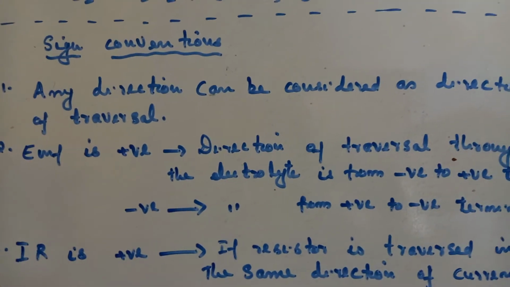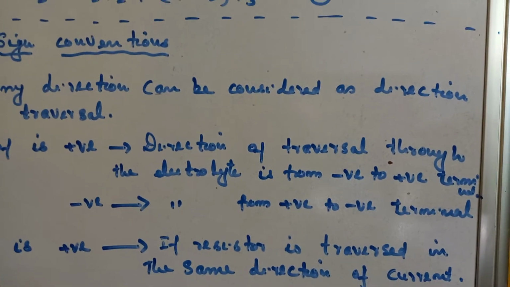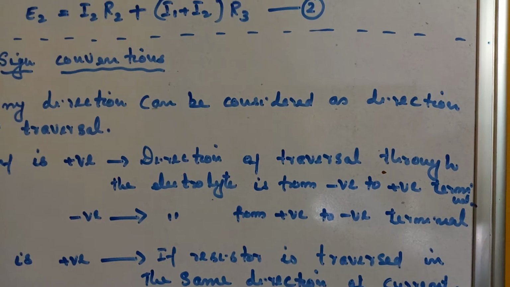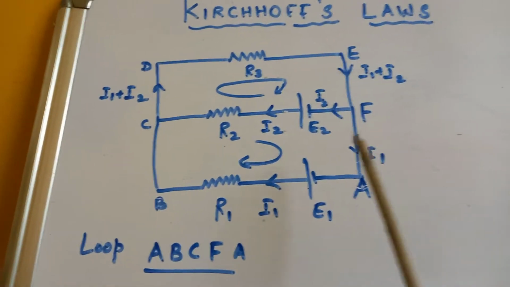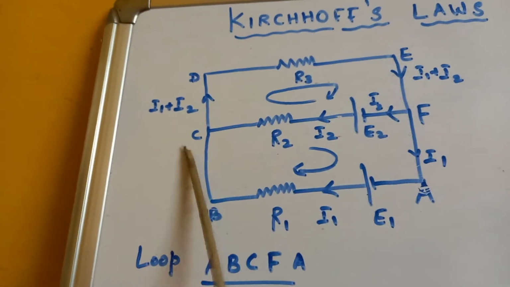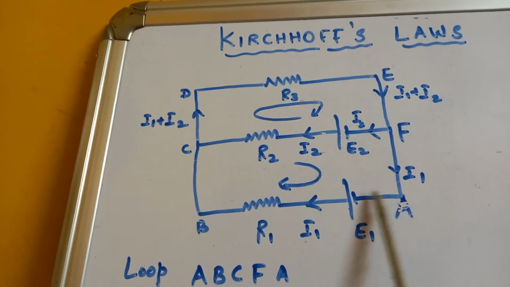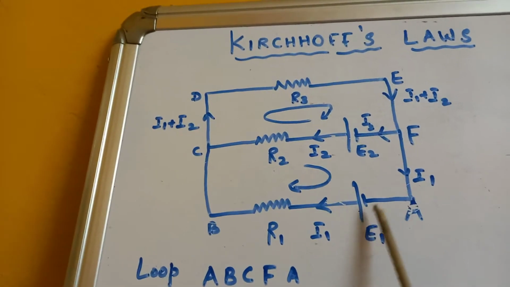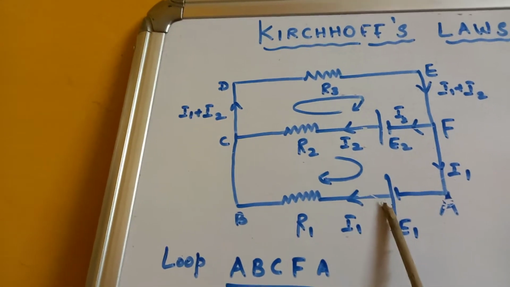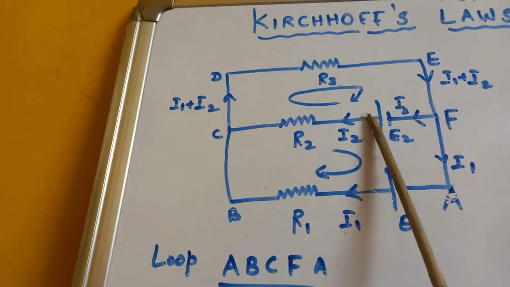And EMF is negative if the direction of traversal through the electrolyte is from positive to negative terminal. That means, if you consider this loop A, B, C, F, A, with the clockwise direction as the direction of traversal, two cells are there in this loop: E1 and E2.